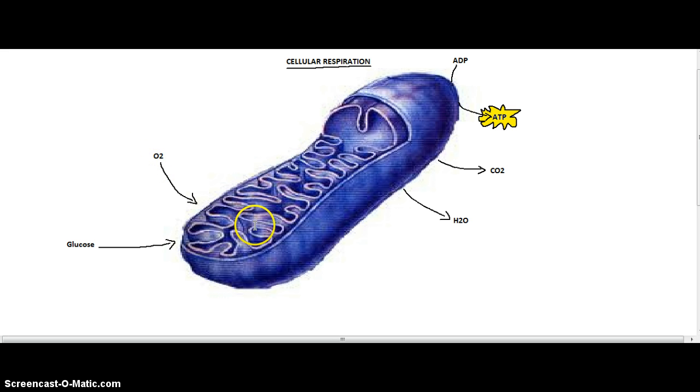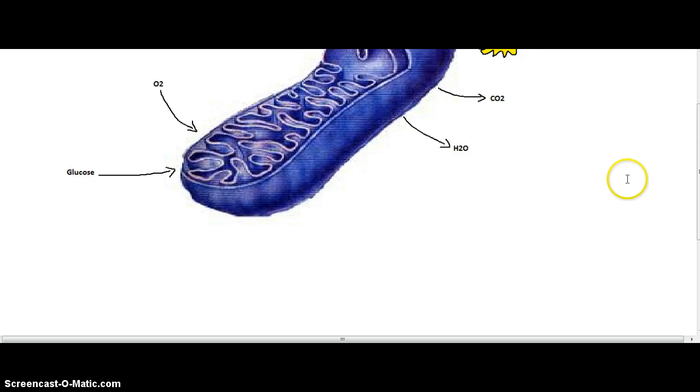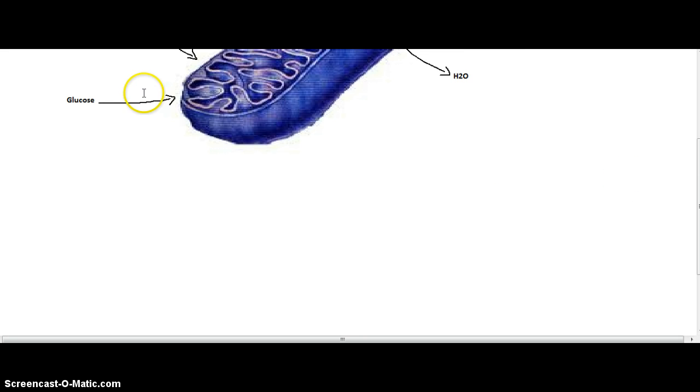What goes into the mitochondria for cellular respiration? Oxygen and glucose. What comes out? Carbon dioxide, water, and ATP. Now, technically cellular respiration begins outside of the mitochondria. Glucose is broken down into two different molecules, but all of those little intricacies aren't really significant right now.